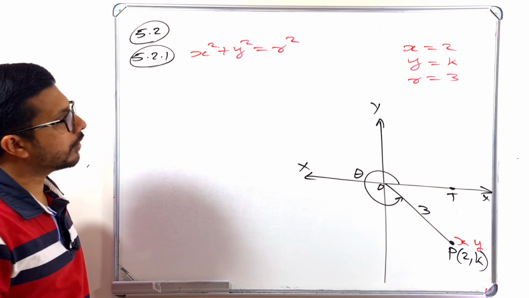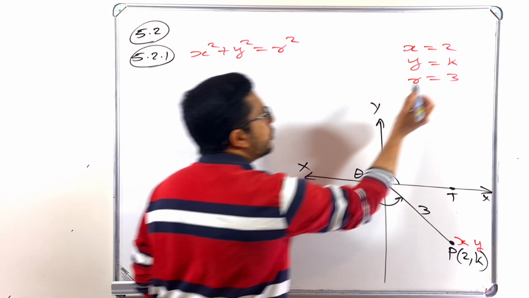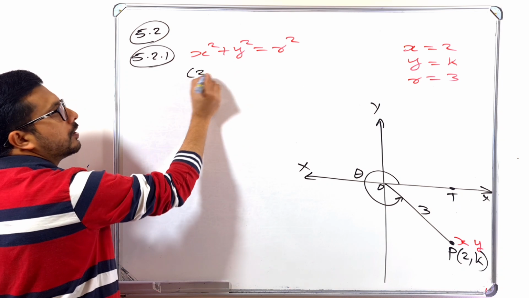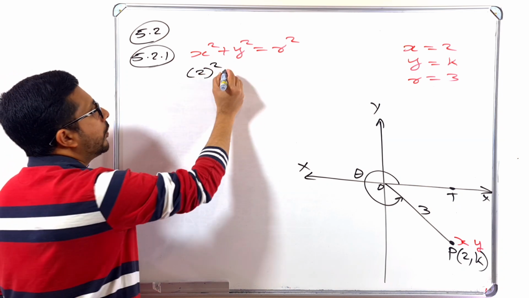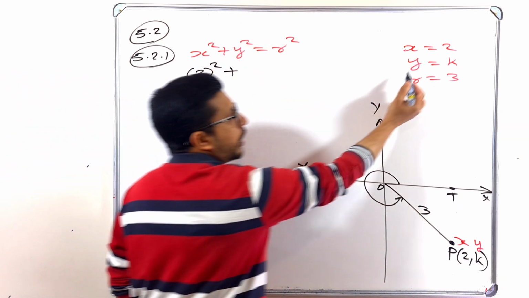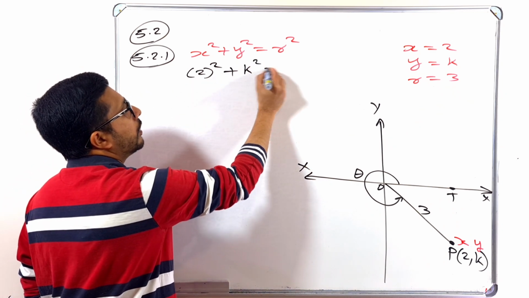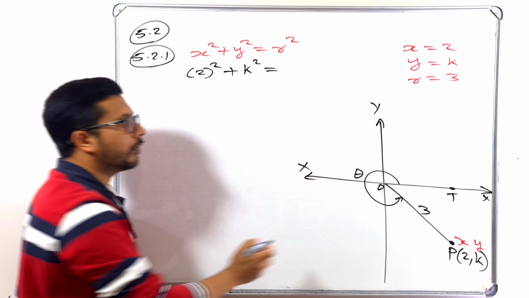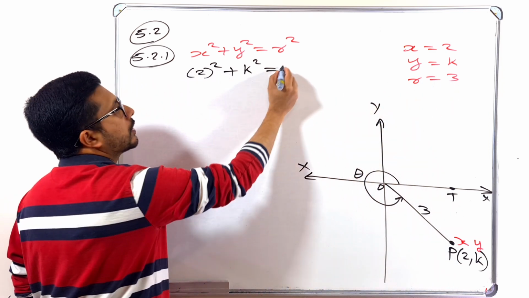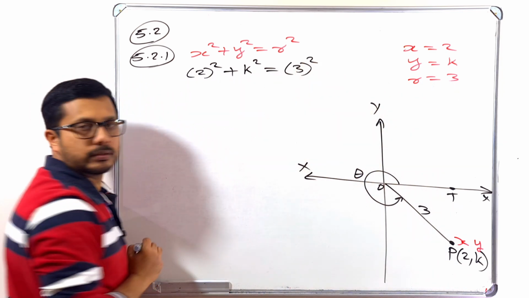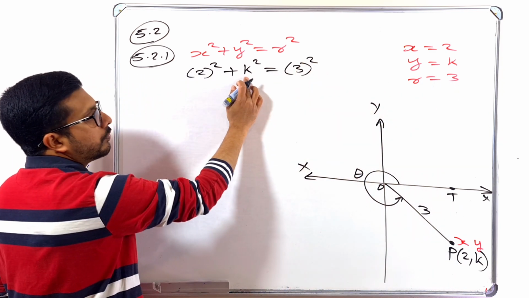So here x is 2, so 2 squared plus y squared, and y is k, so k squared is equal to r squared, and r is 3, so 3 squared. Now we have to find this k.